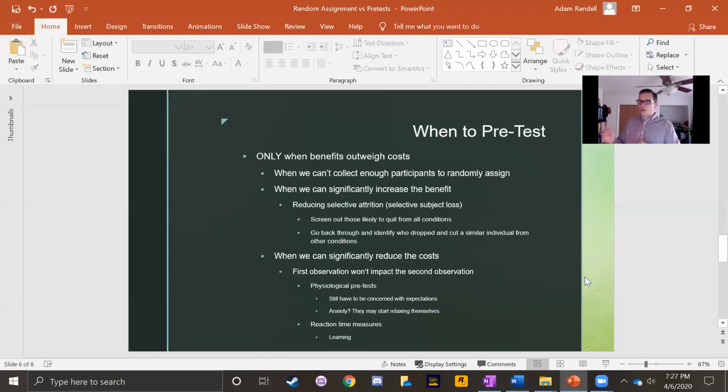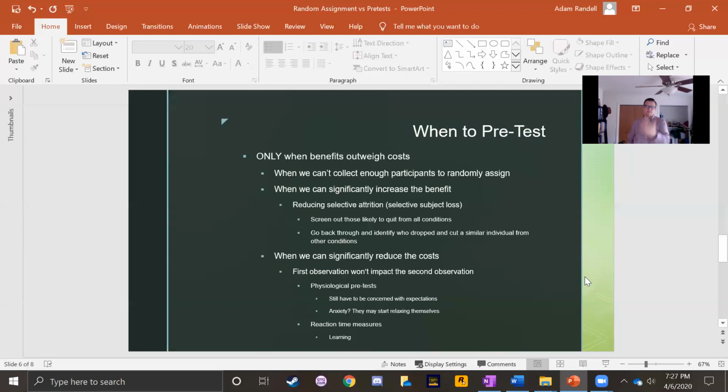Another time when we might use pre-testing is when it can be more beneficial than usual. So for example, if we could use pre-testing to offset participant attrition. Sometimes participants in one condition may quit at a higher rate than participants in another condition. Maybe there's something about the experimental manipulation that just makes it harder for them to deal with.